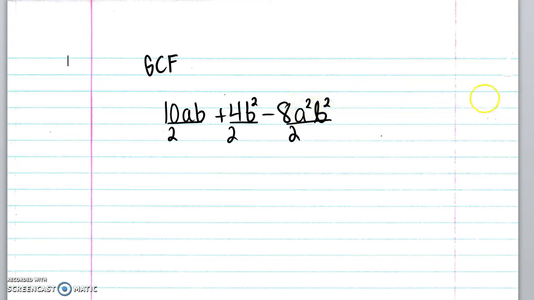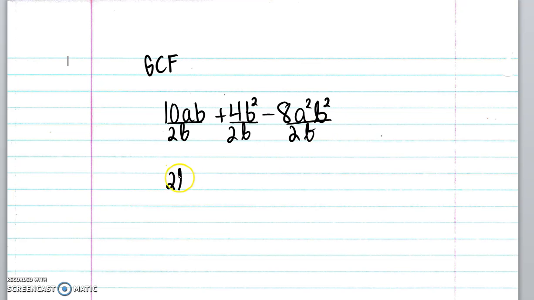Remember, greatest common factor has to come out of every term. Since this middle term doesn't have any kind of a or a squared, we can't take out an a. But b's are common in all 3 terms. The most b's we can take out is b. So our greatest common factor is 2b.